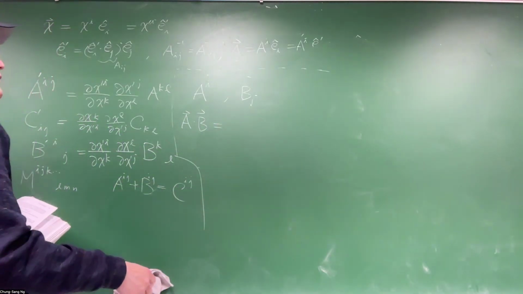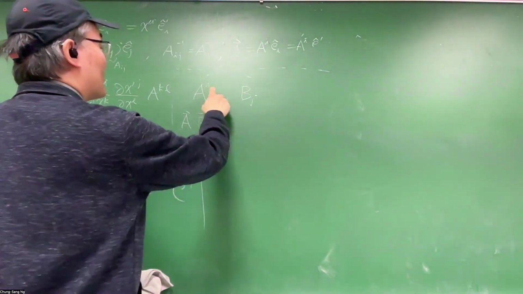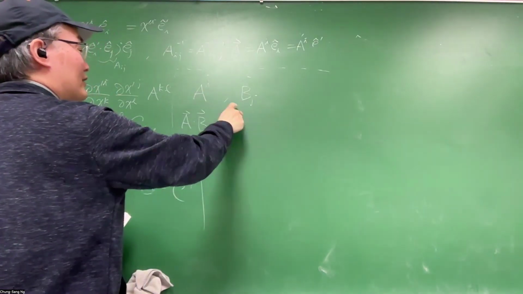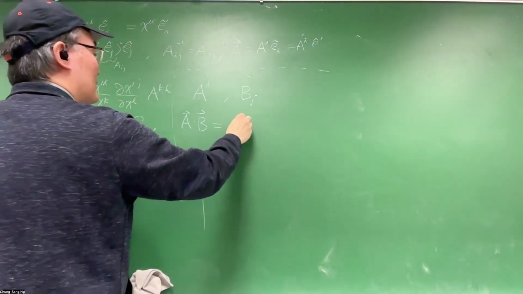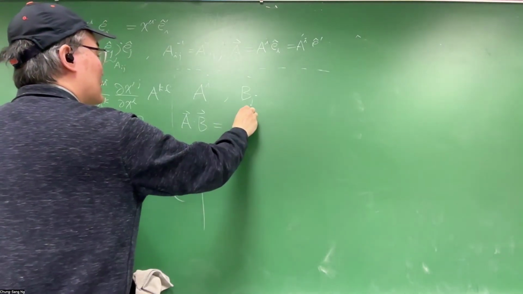It involves just a sum over them because of the summation rule: one is a superscript, one is a subscript, so this is A^i B_i.